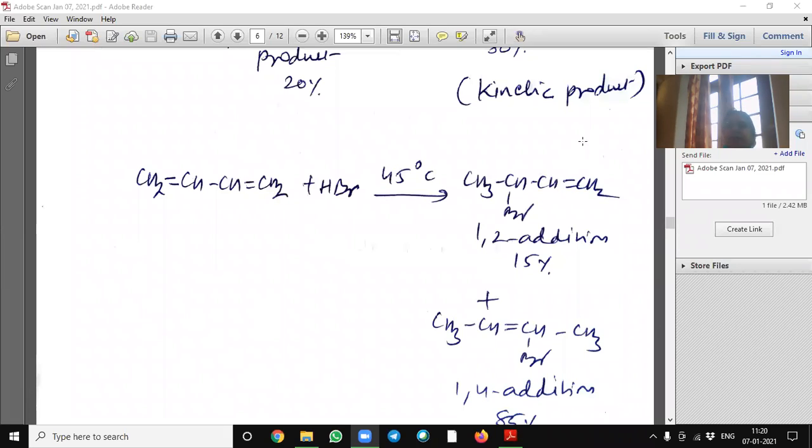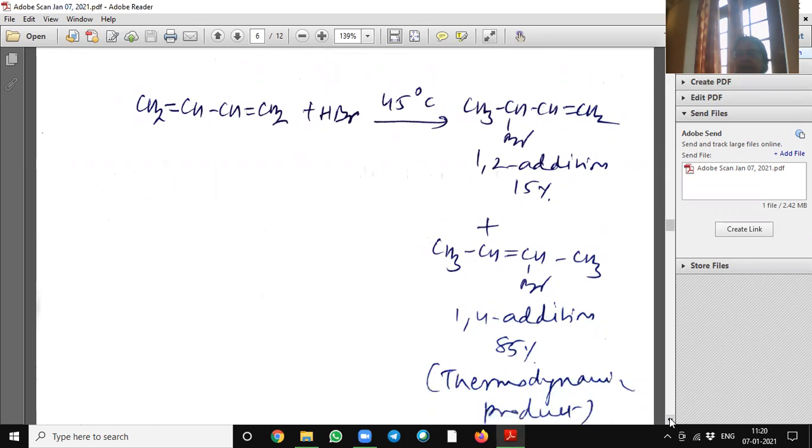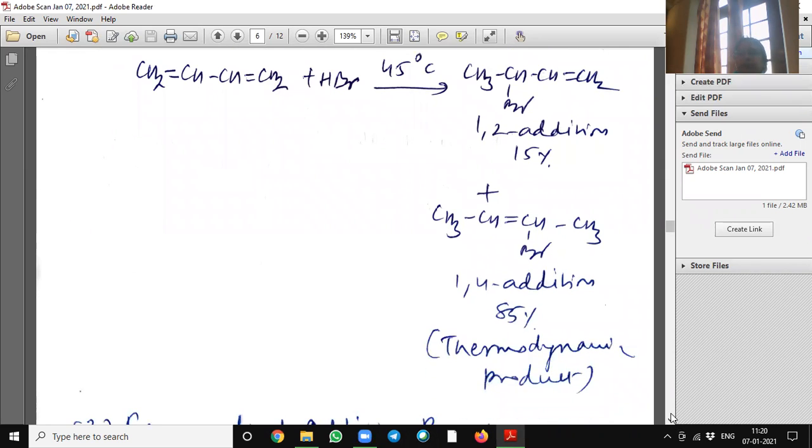When this reaction is carried out at higher temperature, at about 45 degrees centigrade, we will get 1,2 addition product only 15% and 1,4 addition product 85%. So the 1,2 addition product is known as kinetic product, whereas the 1,4 addition product is known as thermodynamic product.